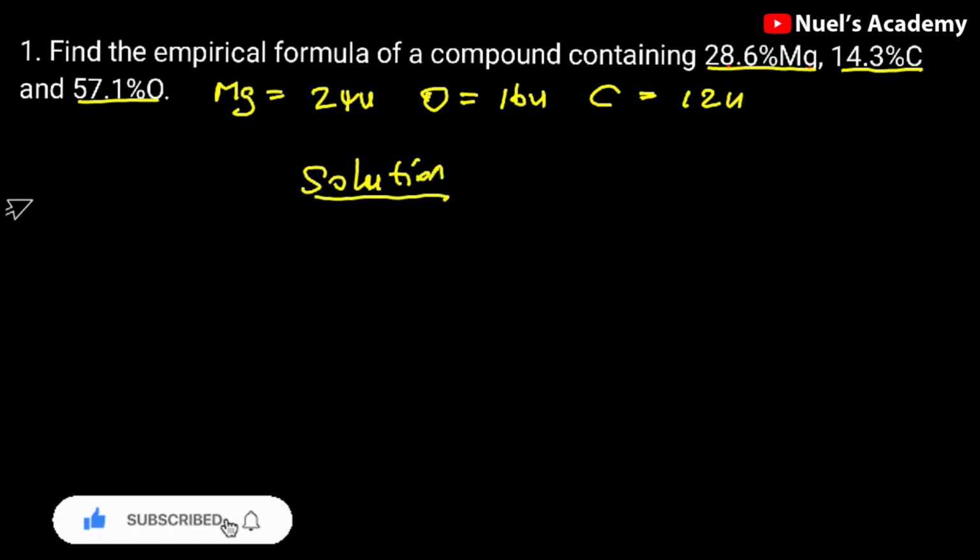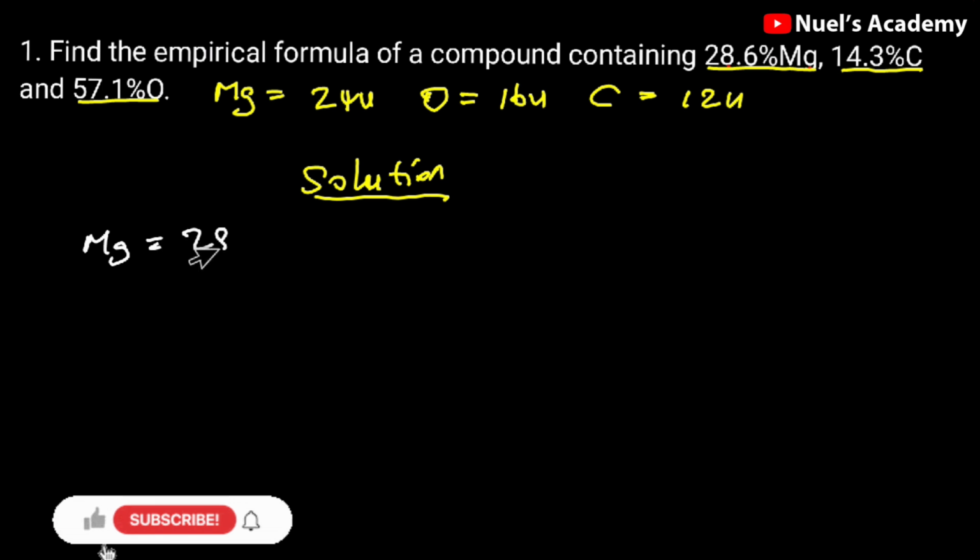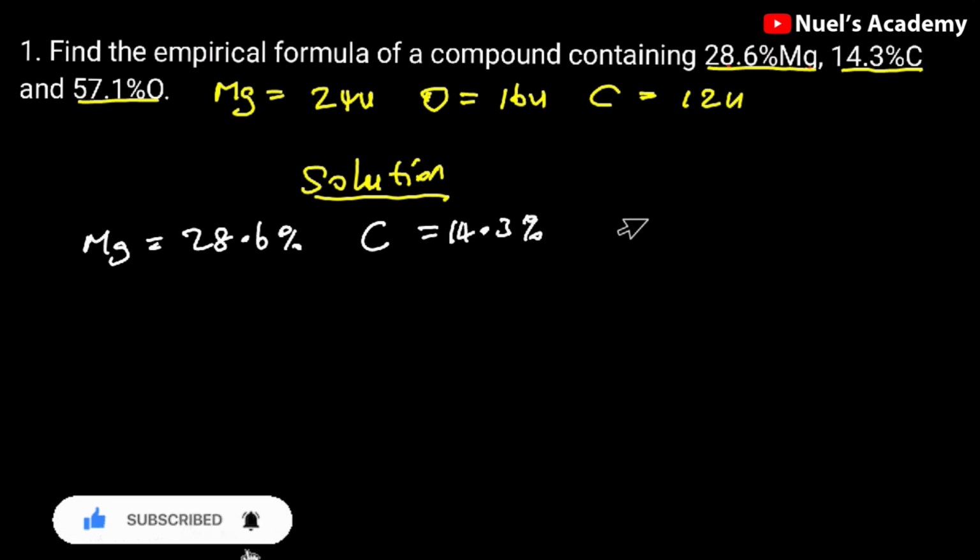Now the first step is to write out these given percentages. So we're given magnesium has 28.6%, then carbon has 14.3%, and then oxygen has 57.1%.